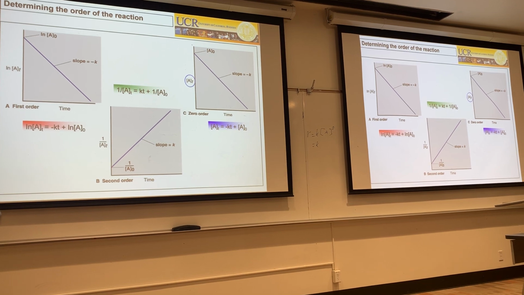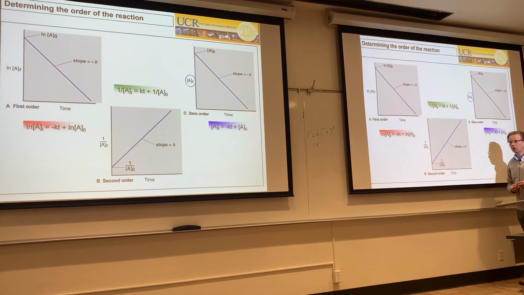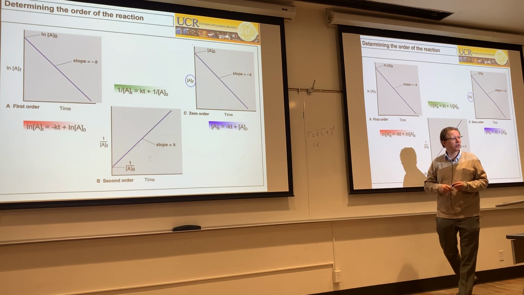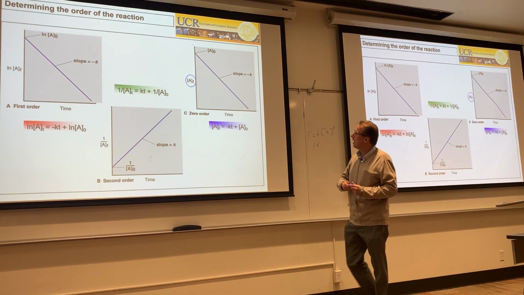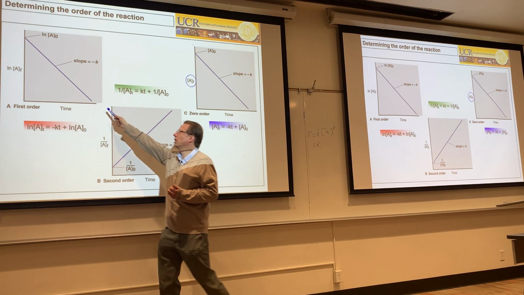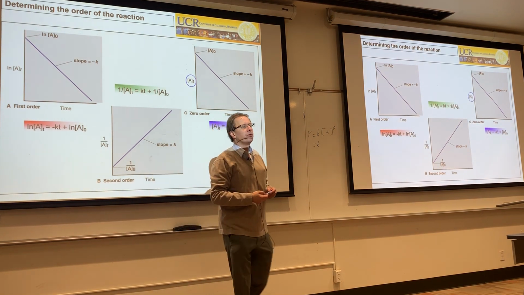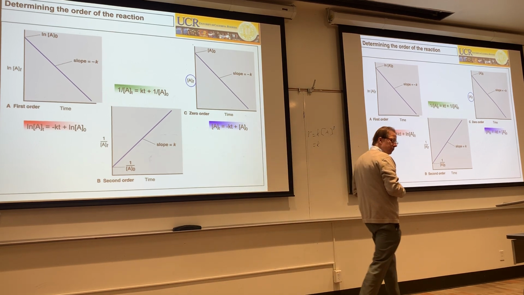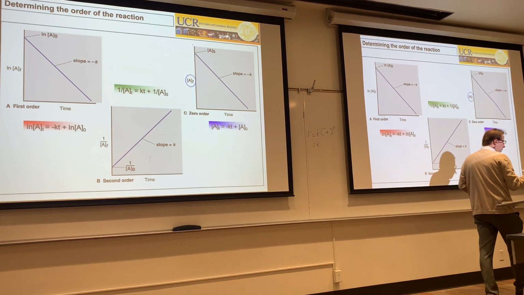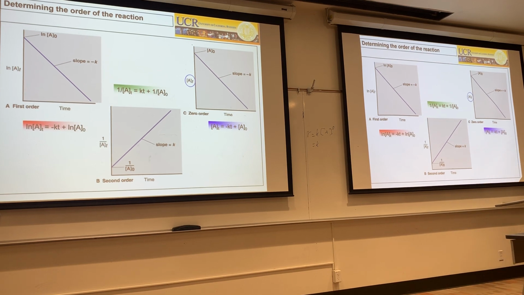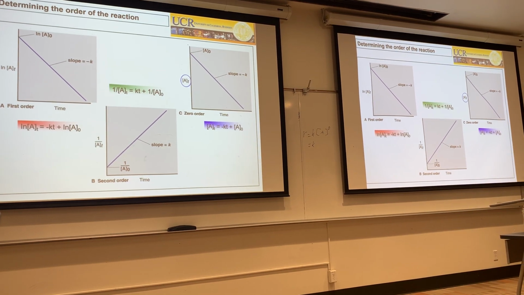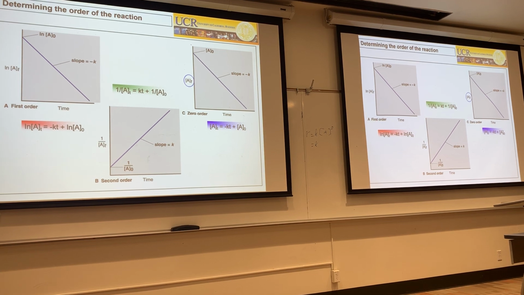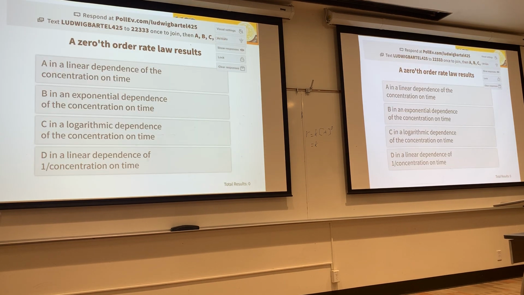So, if you make 3 plots of your concentration or something about concentration as a function of time, and you figure out which one of these plots is the most linear, then you'll have a good idea what order of the reaction you have. And then you have to think about whether that order came about by how you ran the reaction or by how the molecules interact with each other, and then you can deduce from that whether you had a first order, a unimolecular or bimolecular reaction, whatever else is relevant.